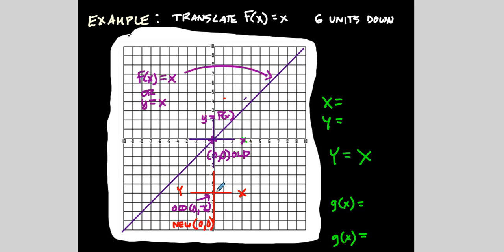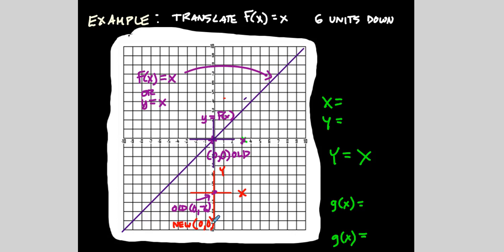Now I'm going to slide 6 units down. Here's my new axes, which I'm going to call big X, big Y. So this point here in the old system is 0, -6. In the new one, it's the origin 0, 0.